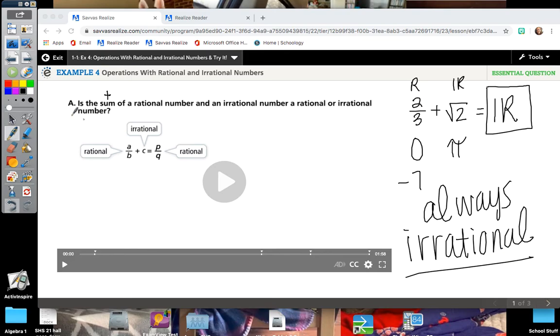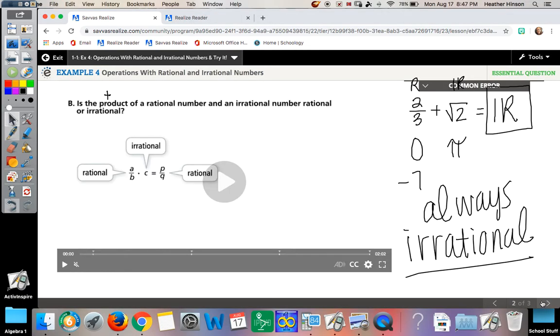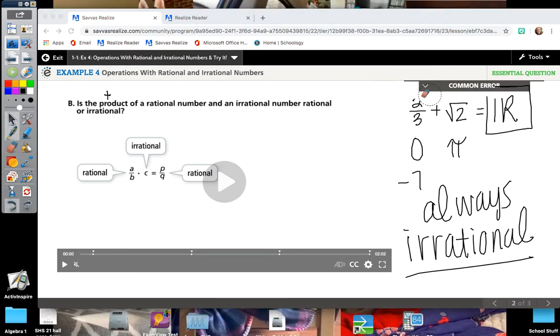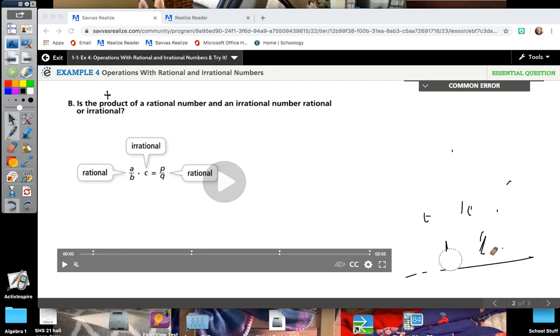Okay, the second example for number 4. Again, I'm not going to watch the video on this. I'm just going to plug in some numbers for rational and irrational. Erase this. So for our irrational numbers, remember we have pi and square roots that we don't know, like 2.